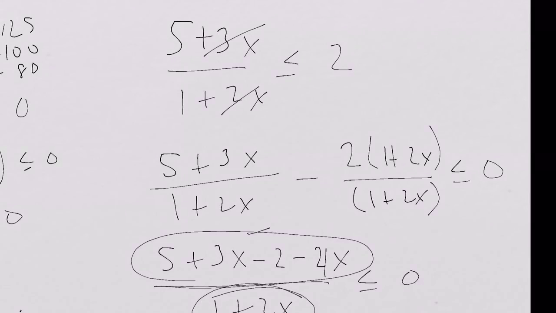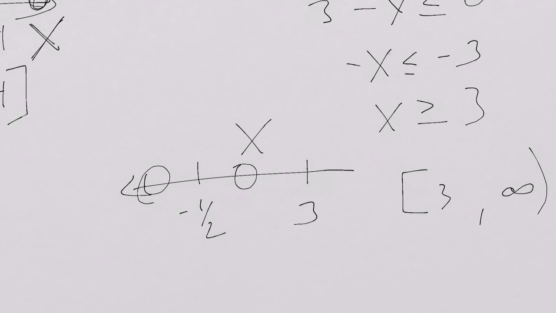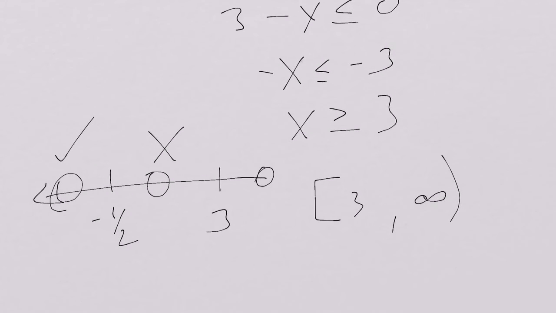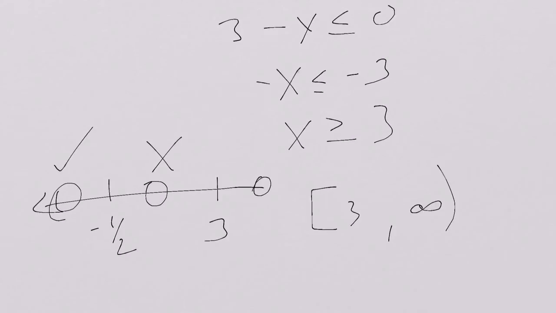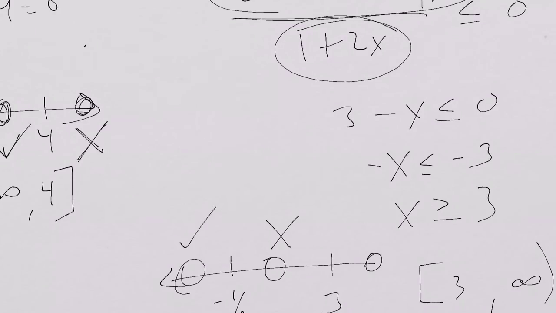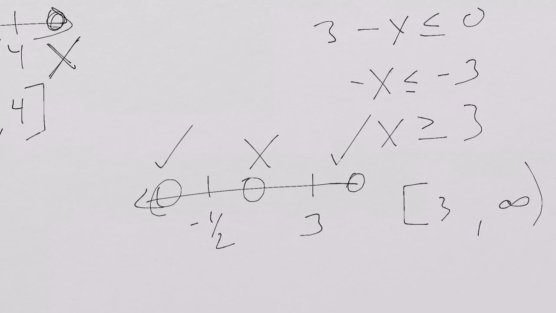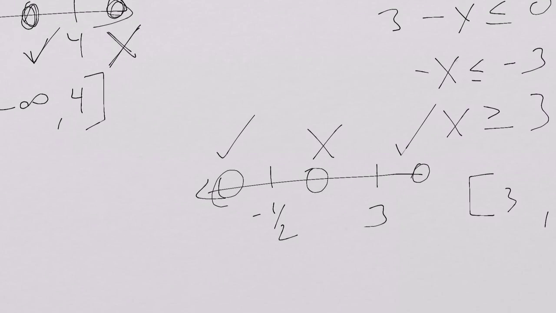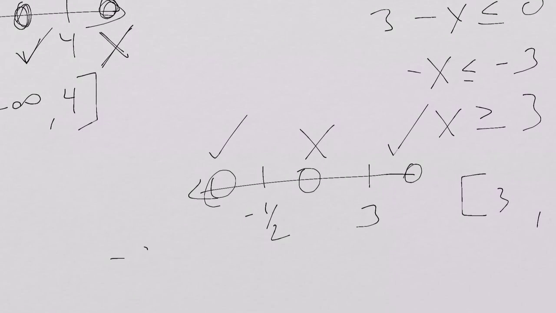So that would be a negative value is less than 2, so that side would be good. And if we pick greater than 3, let's just say 4, that would also give us something that was less than or equal to 2. So that would be good. So that's why we went from 3 to infinity, and also negative infinity to negative 1/2. We did not include negative 1/2 because that was a vertical asymptote.